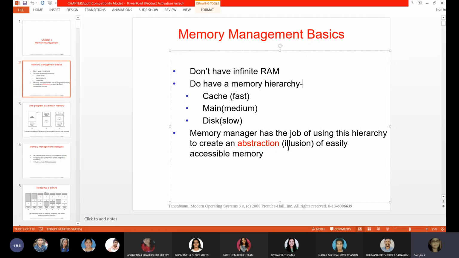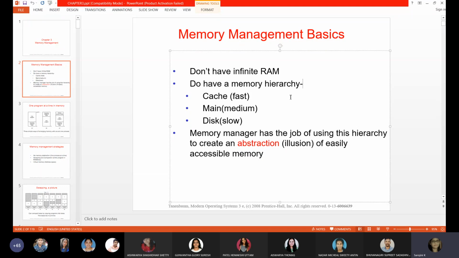That means it will create an illusion, which is not original. Originally it is doing so much work, but the processes, that means the applications, will think that we have RAM, so whatever we store gets stored in RAM. It gives this illusion to the application processes.